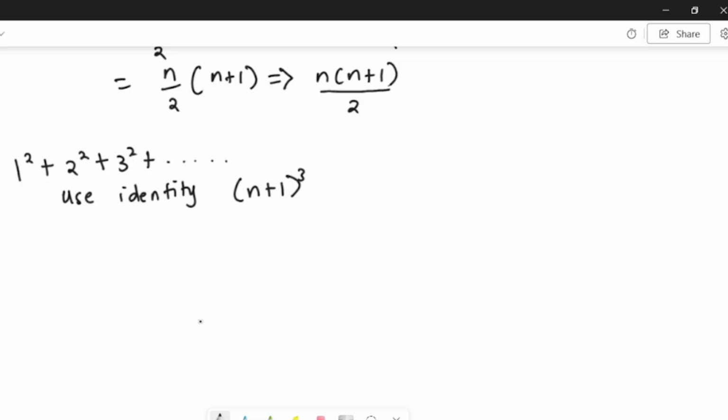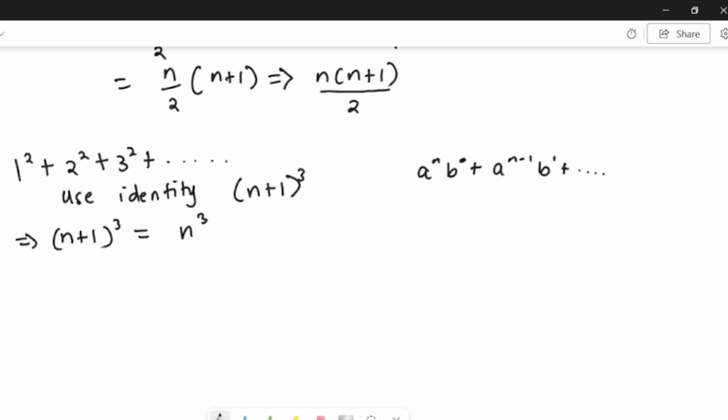We're going to expand n plus 1 cubed, and as for my case, I'm going to use the binomial method, whereby we have a power n b power 0 plus a power n minus 1 b to power 1, in that manner.